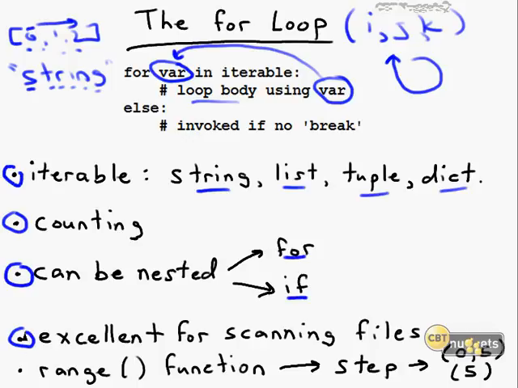You can use them for iterating or scanning files. You might want to create some administrative automation tools to help you in your systems administration, systems management. You can use for along with, say, the open Python function that we'll look at in a little bit to open a log file on your server and read each line one after the other, and then you can do what you want with that data.